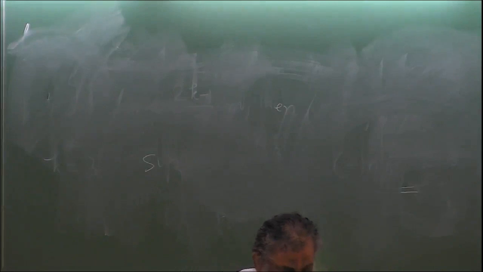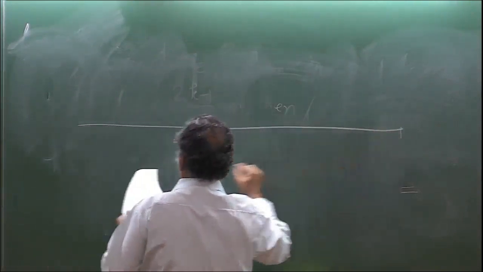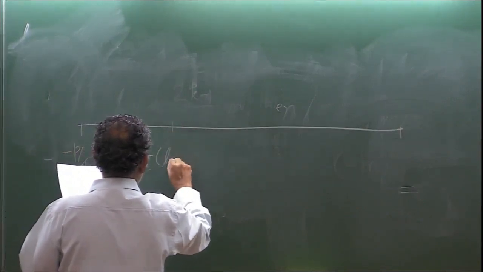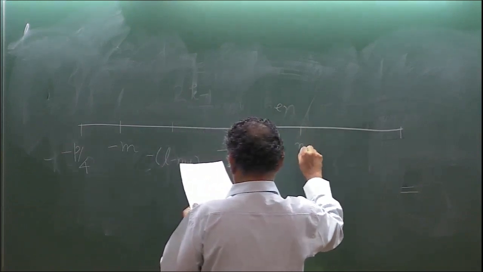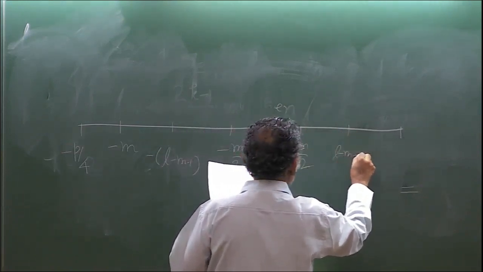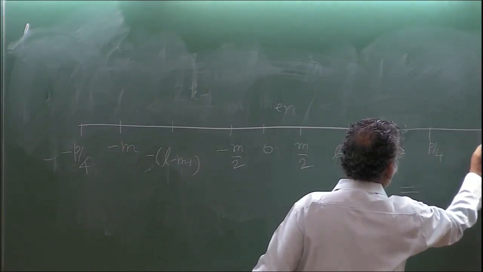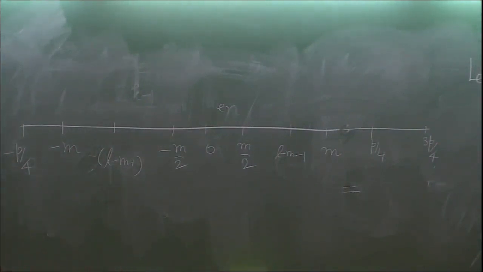What we have proved so far is that if I take this as my model for Z_p star, Z over pZ, then my model starts at minus p by 4, minus m, minus L minus m minus 1, minus m by 2, 0, m by 2, L minus m minus 1, m, p by 4 to 3 by 4.